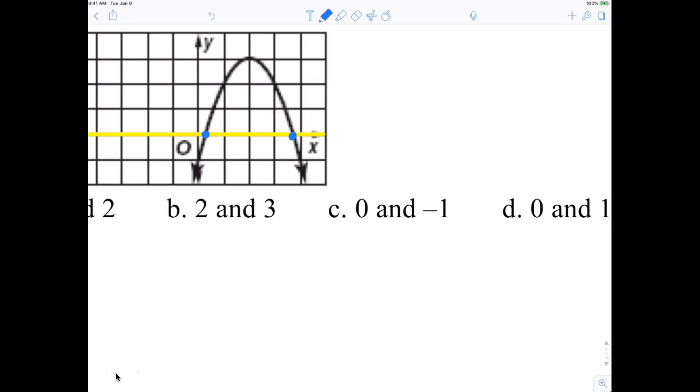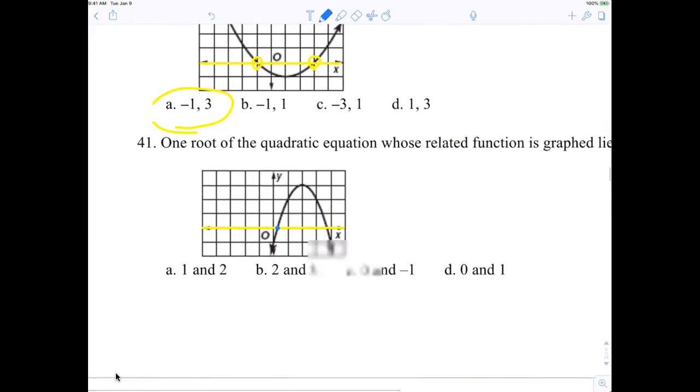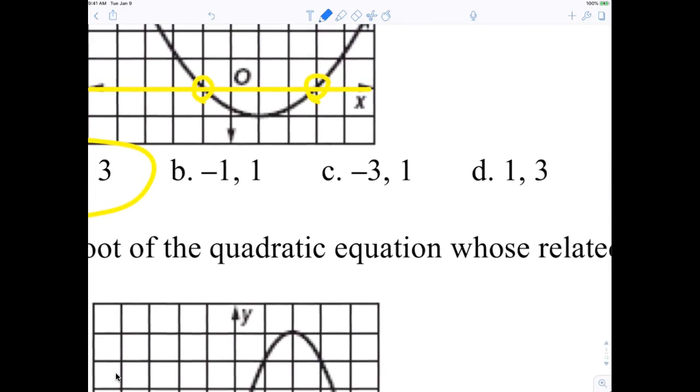So everybody see that? Wait, the last one? How did you get -1? Isn't this -1 and isn't this 3? Oh, you're just okay. Right? It's just the x coordinate. Just the x coordinate. Good?